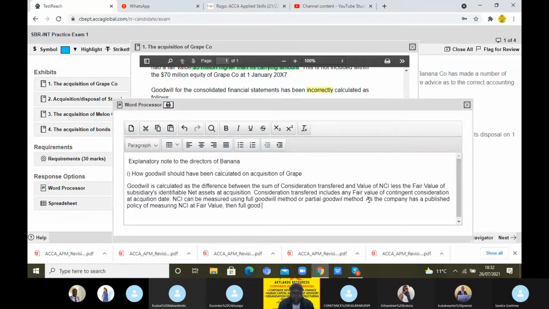Then you also say, fair value adjustments are necessary if the subsidiary's net assets are carried at amounts which are different from their fair values, which are not equal to their fair values.